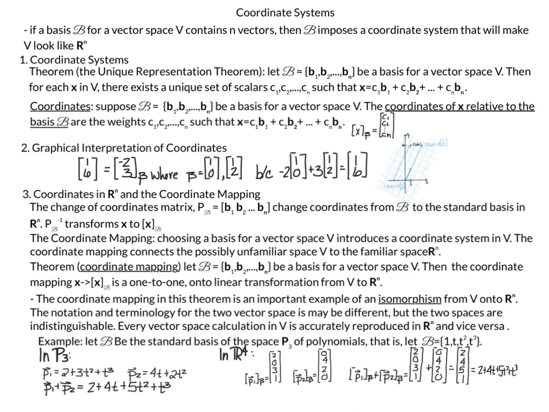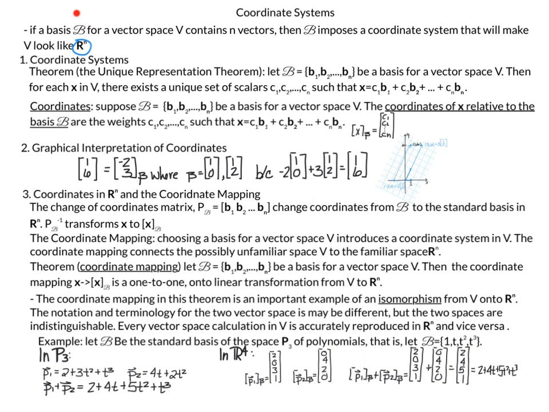We will start with this comment that if a basis B for a vector space V contains n vectors, then B imposes a coordinate system that will make V look like Rn. And this is important because it says all vector spaces want to look like Rn. So Rn is not just our canonical vector space.